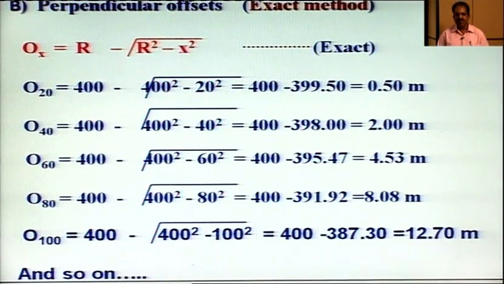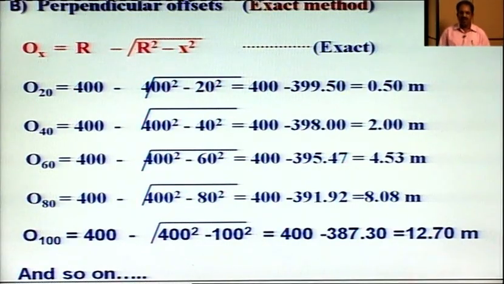For O80, R is 400 meter and x is 80 meter. When we fill in these values, we get 8.08 meter. Similarly, we can find the offset at 100 meters by filling in R as 400 meter and x as 100 meter.